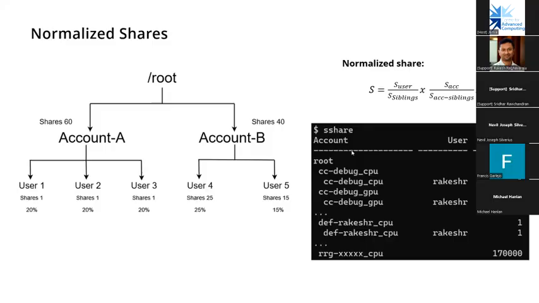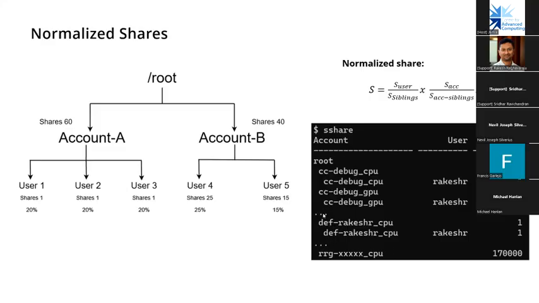If you are interested in seeing how many shares are allocated to each of these and how it's defined, there is a command called sshare. If you type that, we have a root account, and under that we have CC debug, which is essentially for analysts who want to quickly get some priority. Then we have the def accounts, and then the RRG accounts.